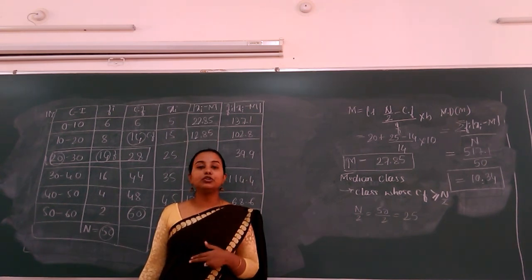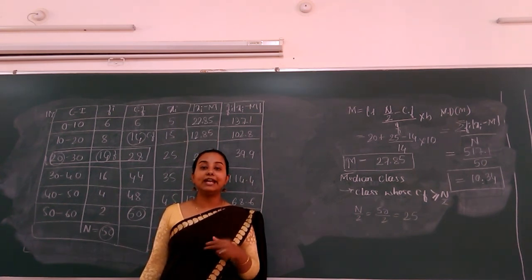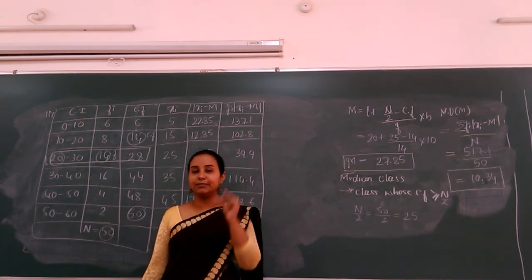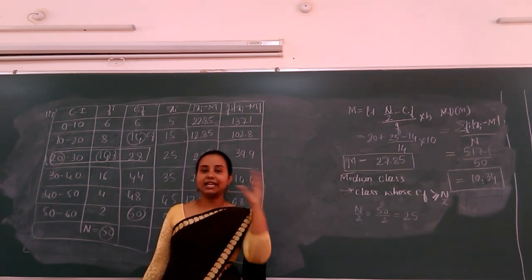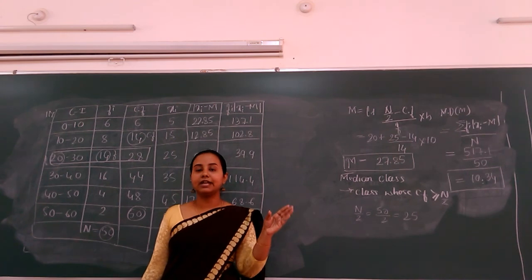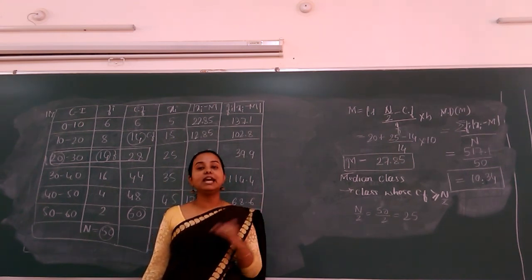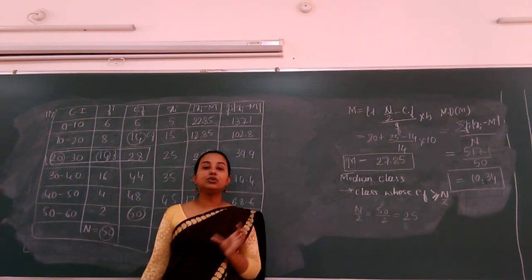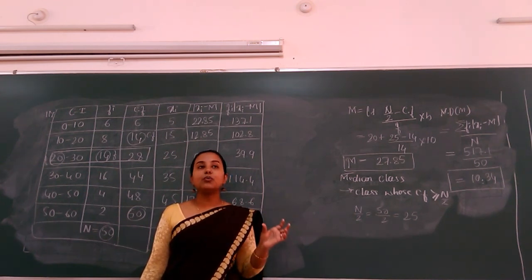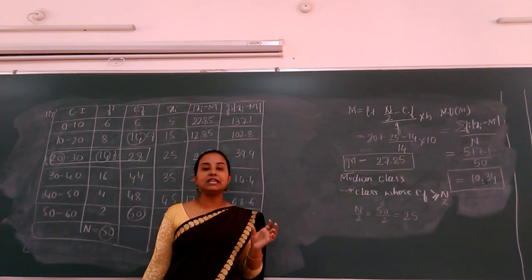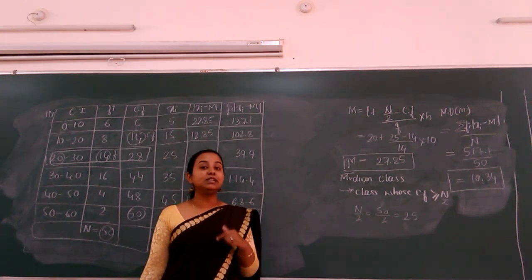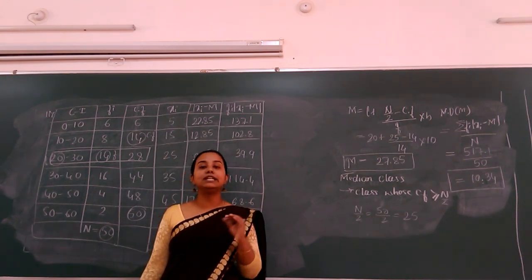We also got to know how to calculate the mean deviation, mainly the deviation and then its mean. We knew how to calculate the mean, but here we have learned the mean deviation about mean and median, that is, how to take the deviation.